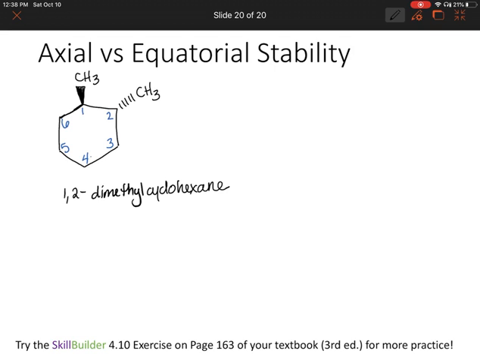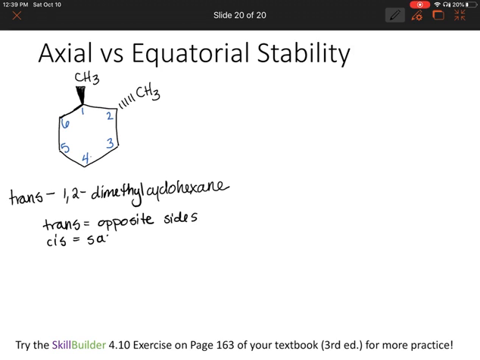So we want to call that a trans molecule. So trans means opposite sides. And then if those two methyl groups had both been pointing towards us, or if they had both been pointing away from us, we would call that cis.